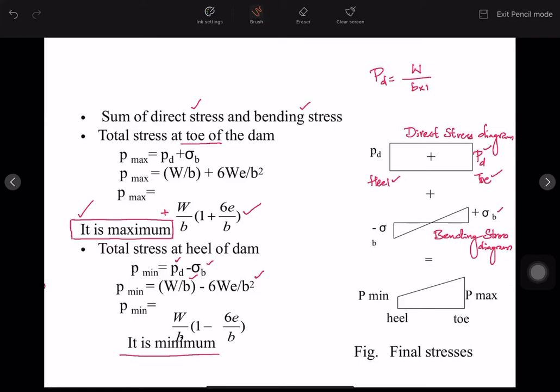So we can see ultimately both P max and P minimum will have positive values, right?